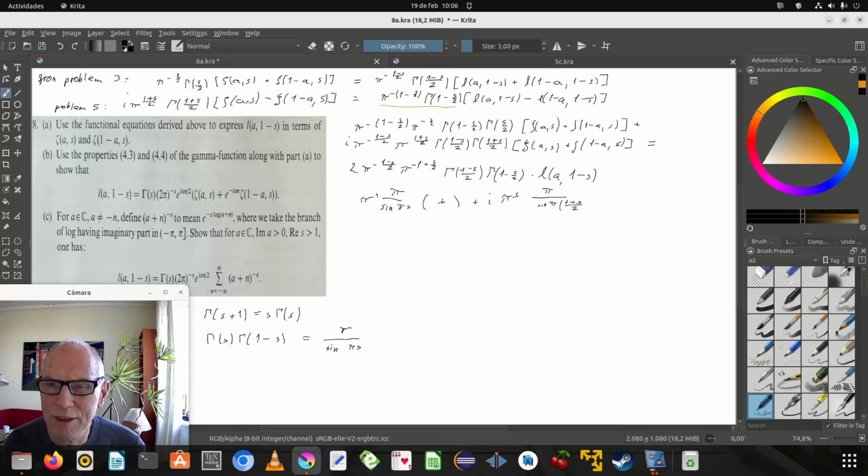Or 1 plus s halves, whatever you want. Now that's weird. That should change sign, shouldn't it? If we check, oh, that's the reflection. That's the reflection formula of sine. Yeah.